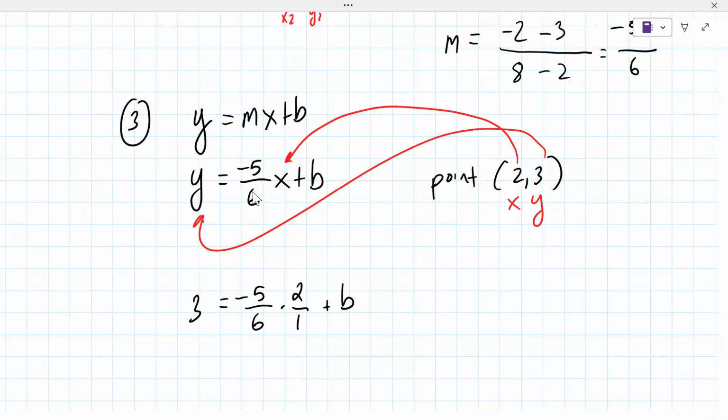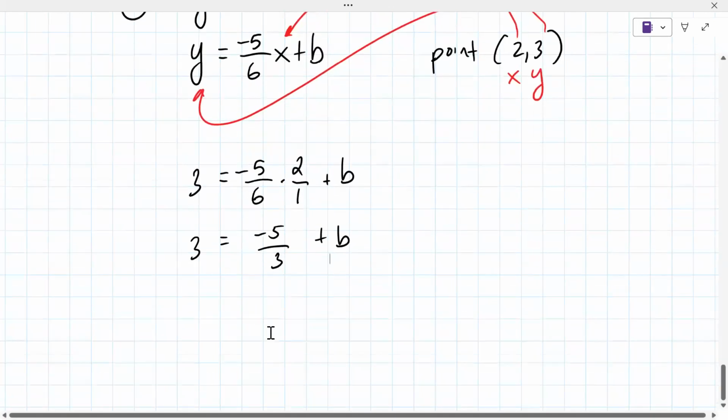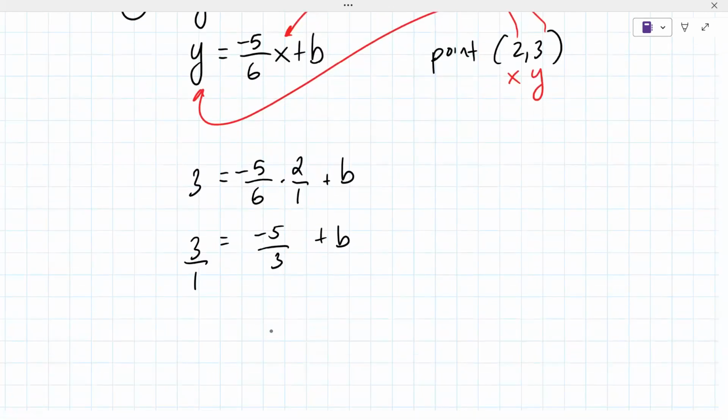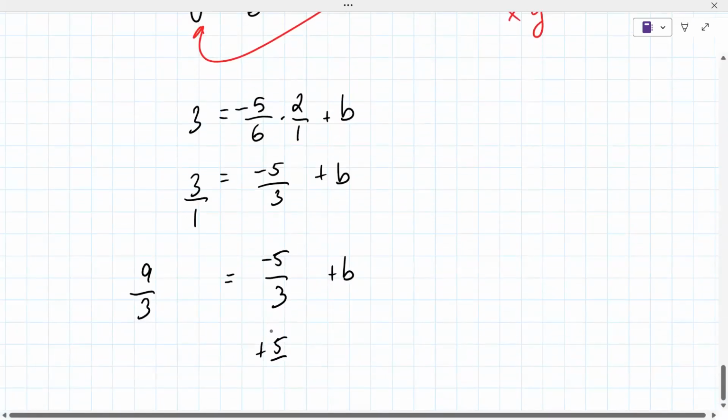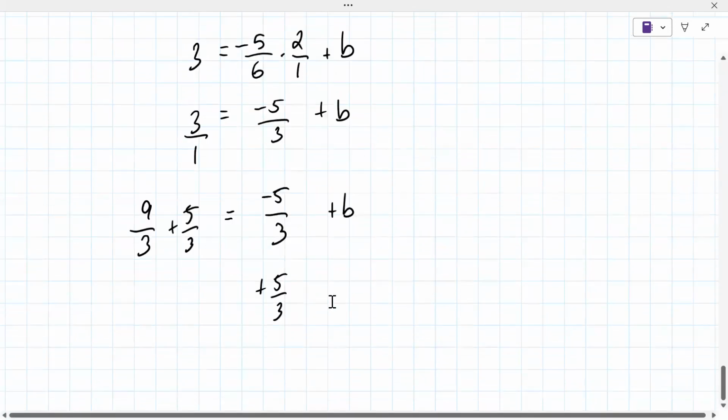-5/3. You said -5/3? Yes, I just forgot to say the negative in front. Okay, good. All right, so now this is really 3/1, and it ends up being 9/3. The reason we do that is to make it easier to combine with the fraction.